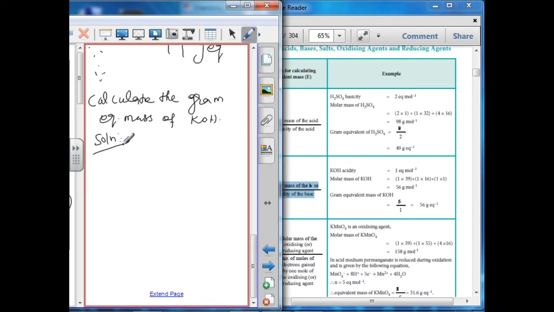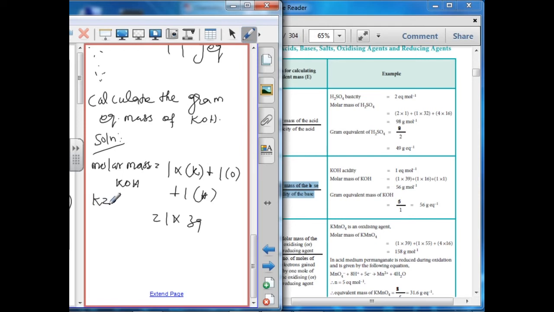First, we have to calculate the molar mass. Molar mass of KOH equal to 1 atom of K, 1 atom of oxygen, 1 atom of hydrogen. So 1 multiplied by 39, that is the equivalent mass of potassium 39, the mass of oxygen is 16, hydrogen equal to 1.